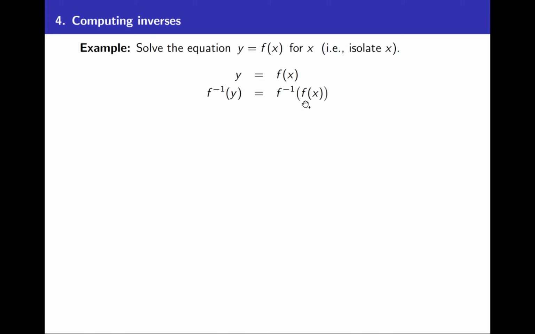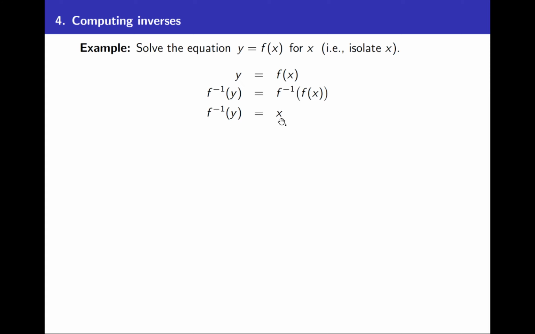But we know f inverse of f of x is equal to x, so we get x equals f inverse of y. So we've successfully solved the equation y equals f of x for x. This indicates that one useful thing about inverses is they can potentially solve equations.